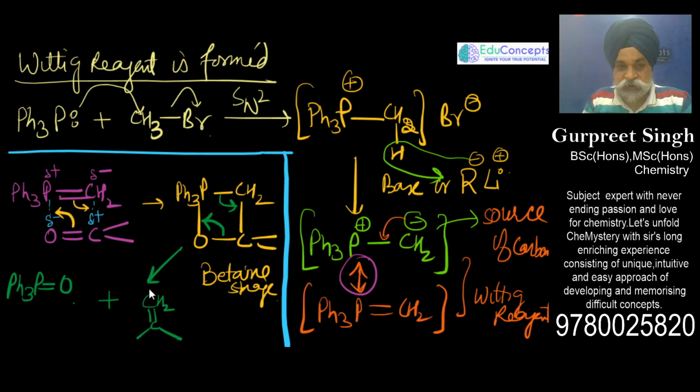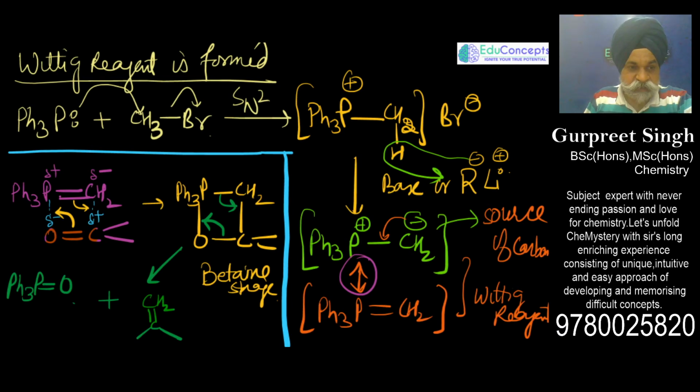So this is what you have done. This C=O group has been replaced by a CH2 group. This is what you have to remember in this particular case. So this group has been changed. This is the role of the Wittig reagent.